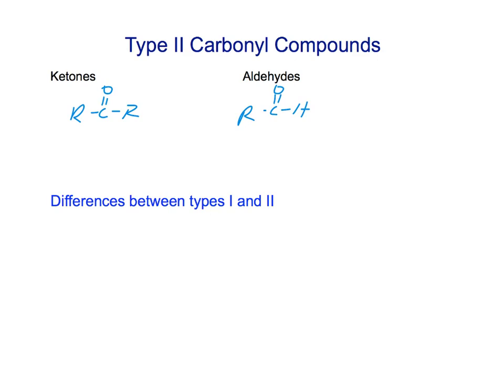So we've seen these as well. These are not related in the same way to carboxylic acids because we cannot hydrolyze ketones or aldehydes to give carboxylic acids. Okay, so why would that be? Why can't we, say, take an aldehyde, add water to it, even with a catalyst, and hydrolyze that bond to give a carboxylic acid?